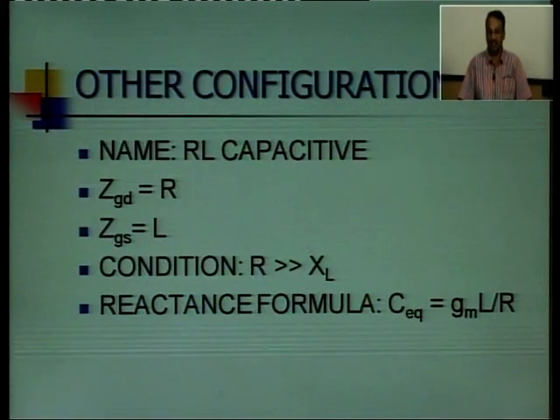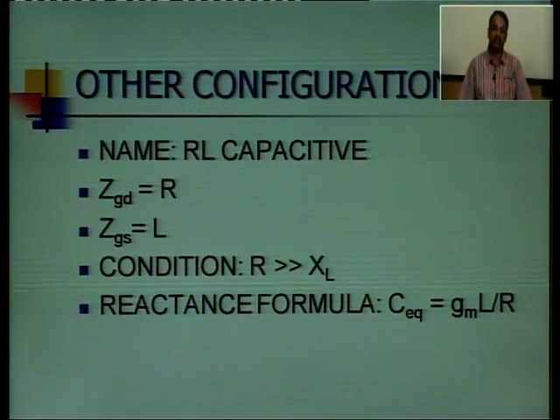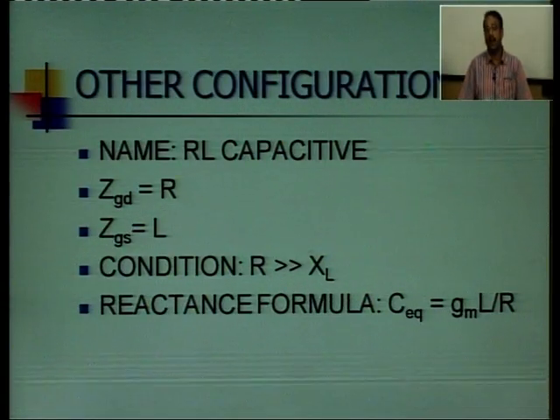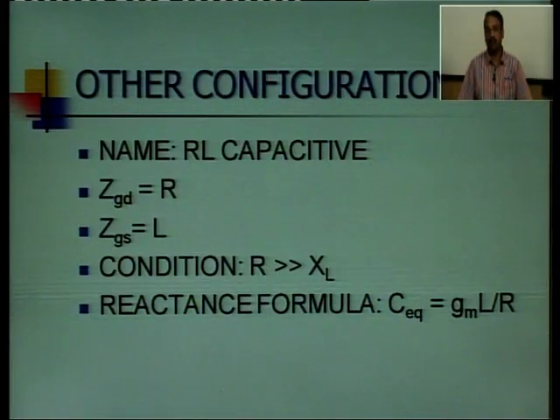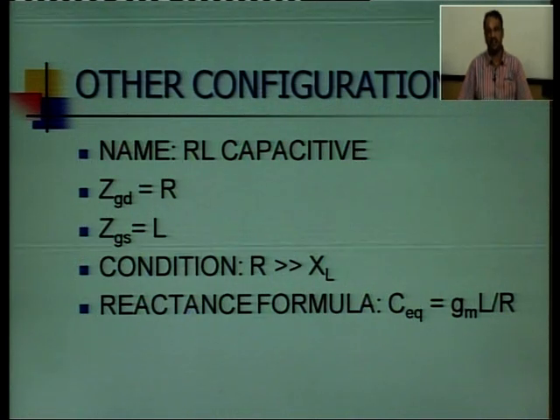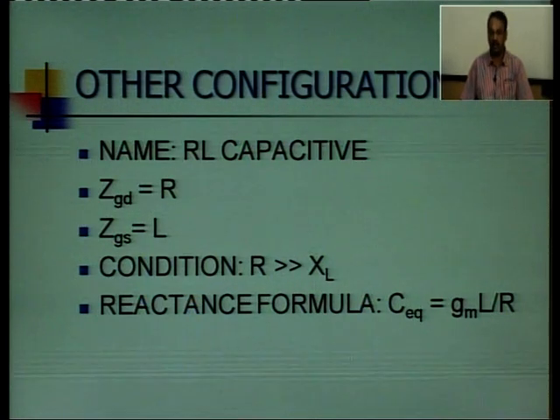In all these cases, the reactance, either inductive or capacitive, depends upon the transconductance of the device Gm, and this transconductance Gm depends upon the applied voltage. So, when we vary the applied voltage, the Gm varies. Accordingly, the reactance varies, either it is C equivalent or L equivalent.